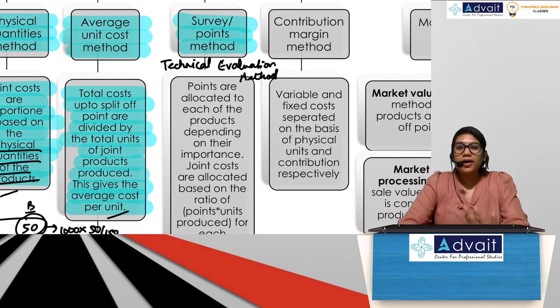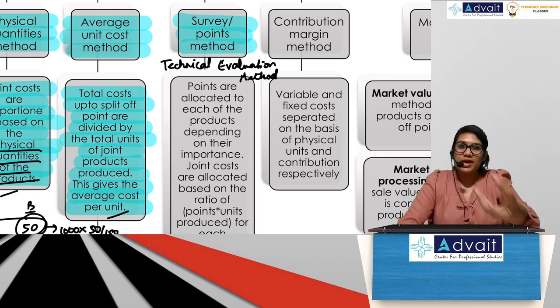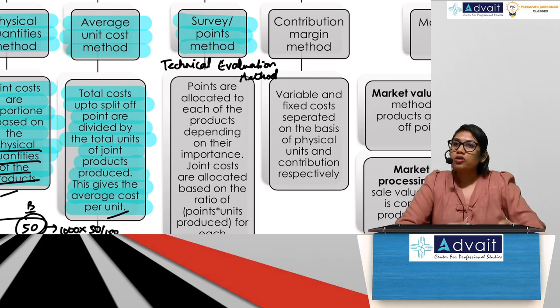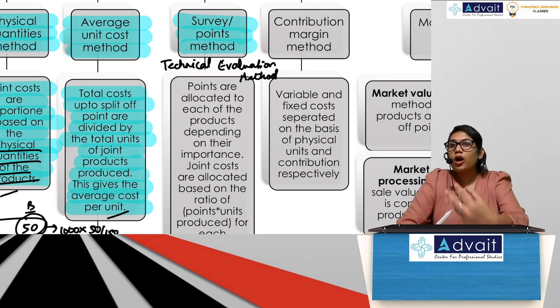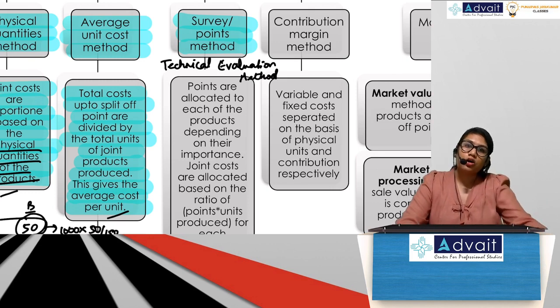It is given by a technical surveyor who comes and figures out which product has more importance, and based on that, he gives points to each product. So what will you do with those points? You will multiply those points with the quantity of the products produced and then divide the cost in that ratio.